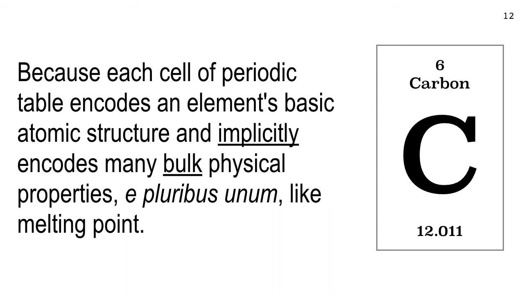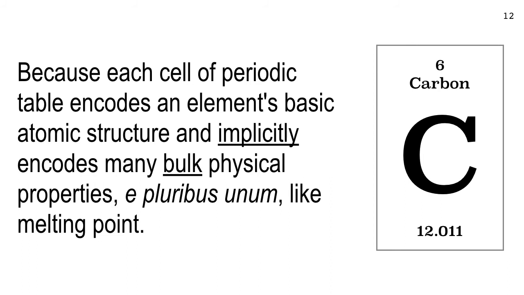Each column and each row has identifiable patterns in the bulk properties. So if you take a bulk of carbon and a bulk of whatever's below carbon on the periodic table, and then whatever's below that, you're going to find similar properties in that column.